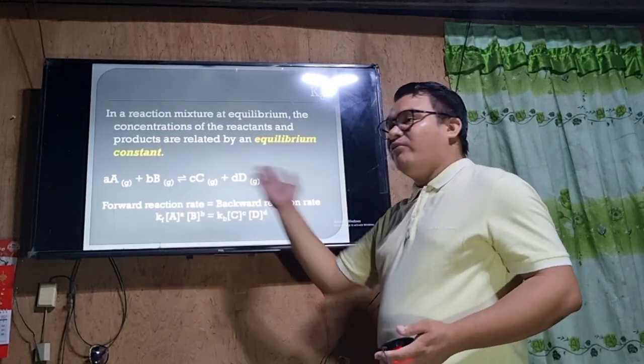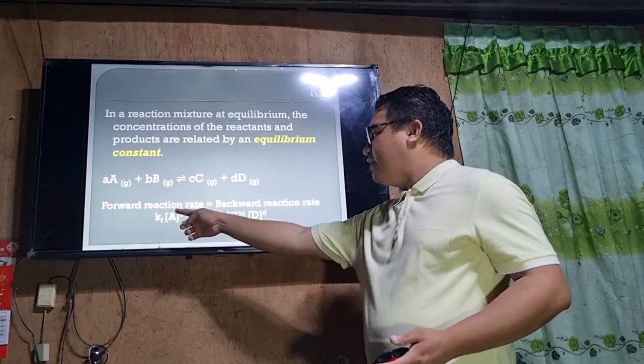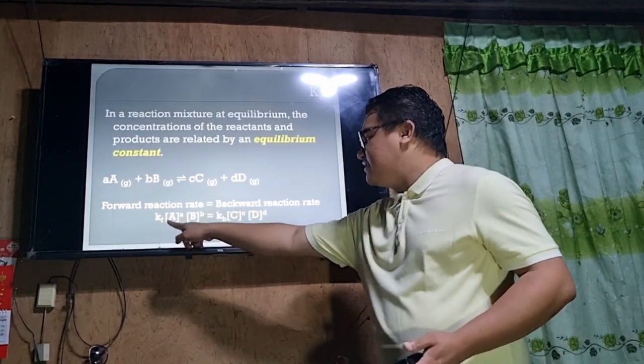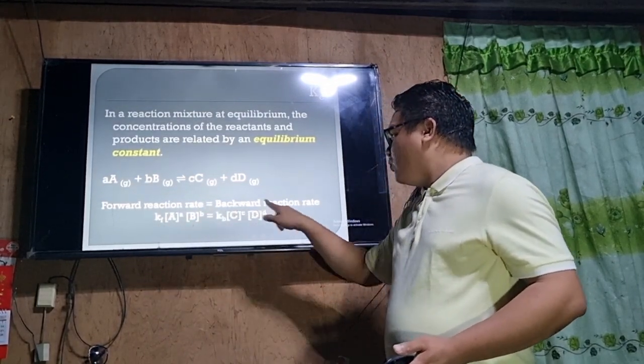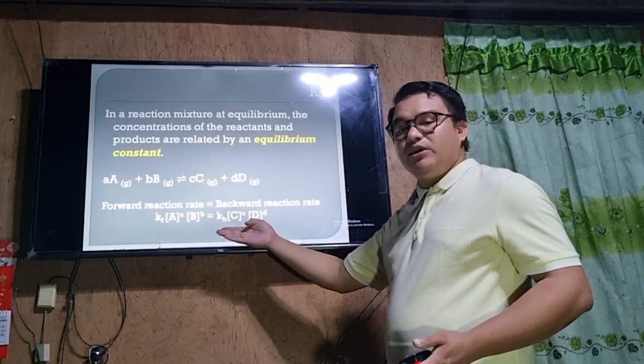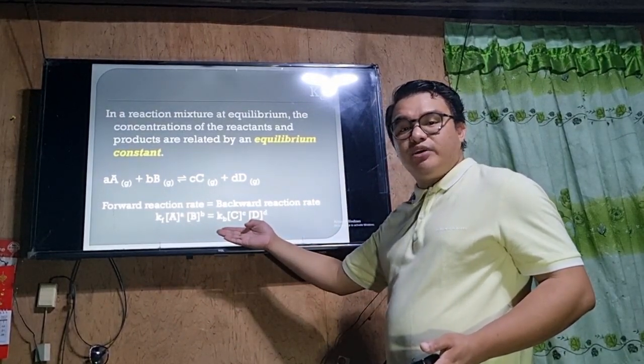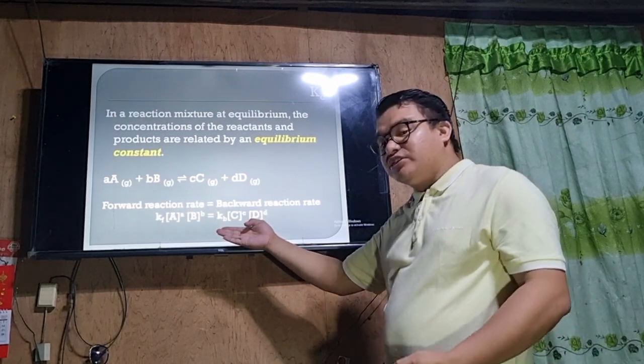Given from our previous slide that the forward reaction rate is equal to this one, and the backward reaction rate is also equal to K sub B times the concentration of C times the concentration of D.